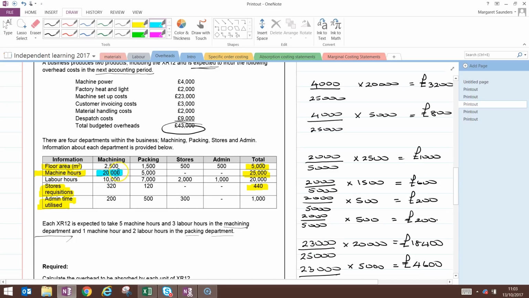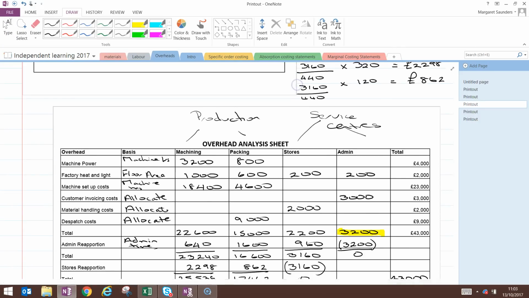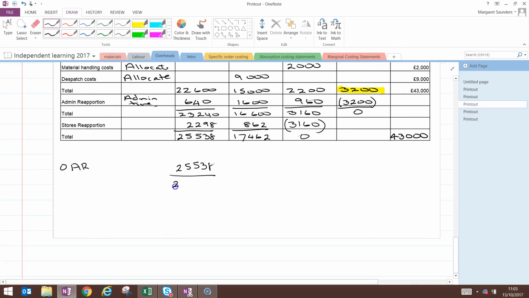So the overhead absorption rate will be the overhead divided by 20,000 machine hours, which equals £1.28 per machine hour.